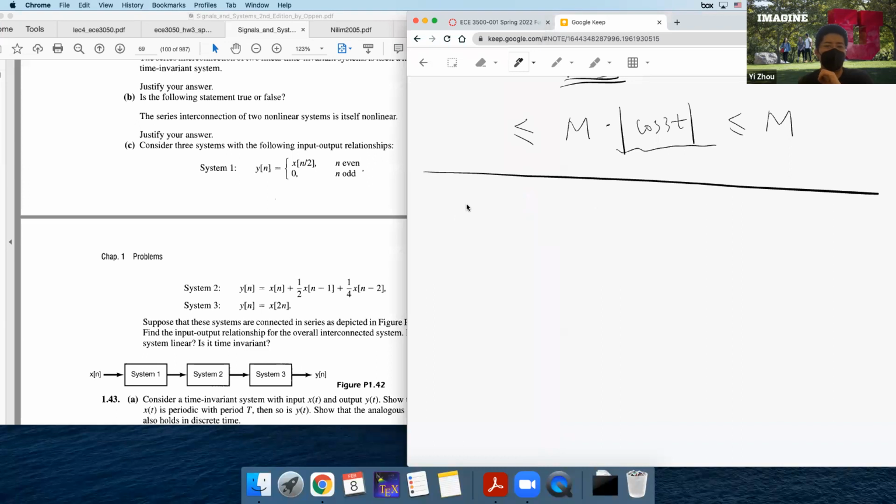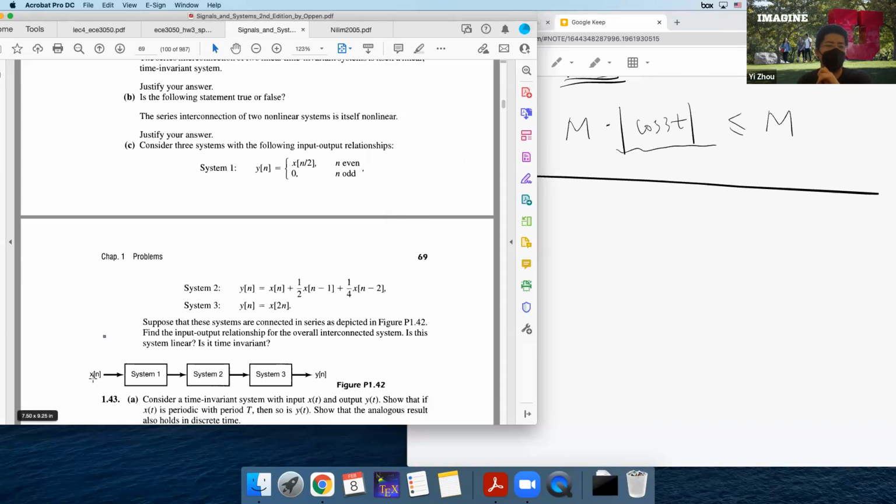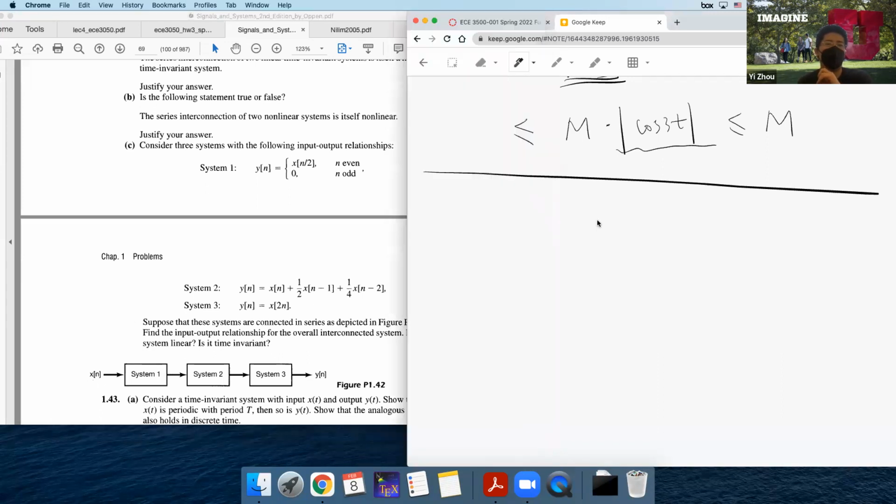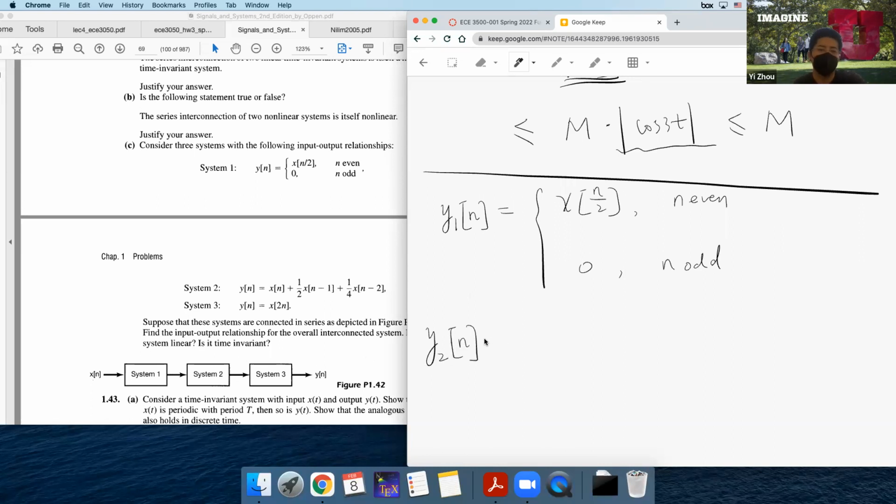So okay, let's work it out here. I'm going to put x[n] inside system 1. I call the output of system 1 y1[n]. According to the system equation, it is x[n/2] if n is even and 0 if n is odd. Now we feed this into the second system, whose output I call y2[n].